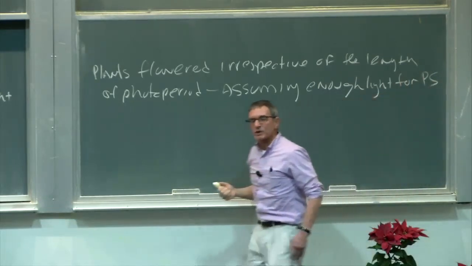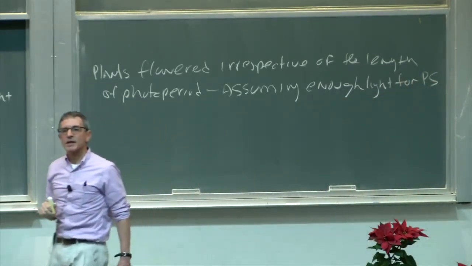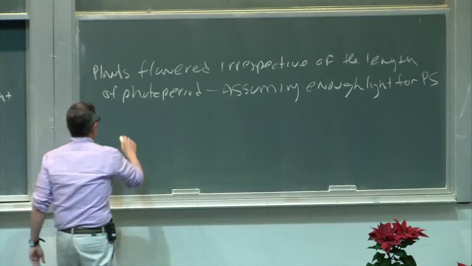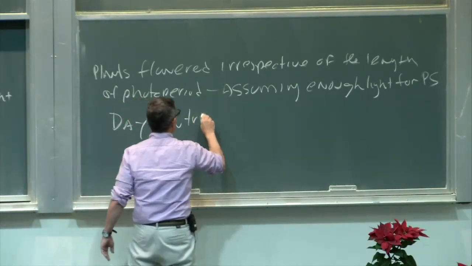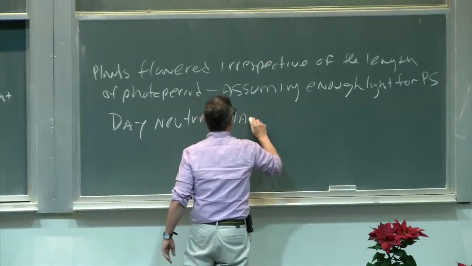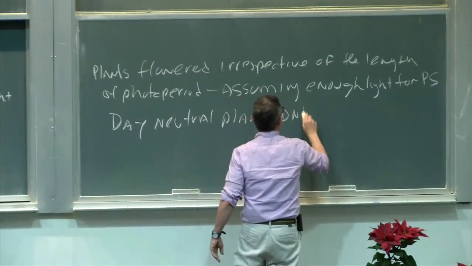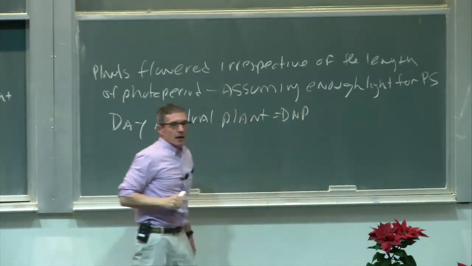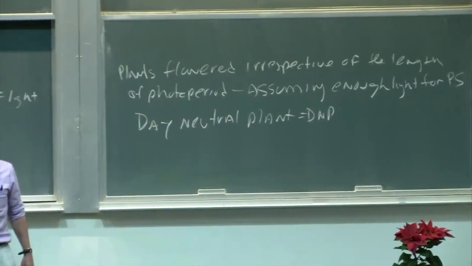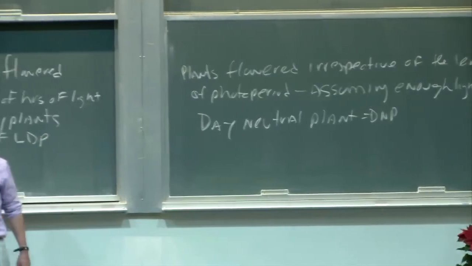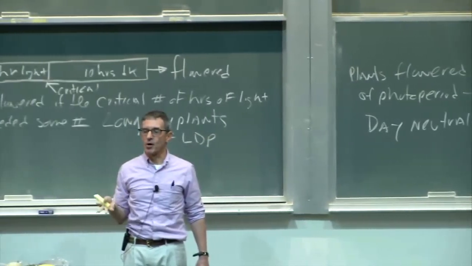Plants which flowered irrespective of the amount of light they got, they call day-neutral plants, DNPs.